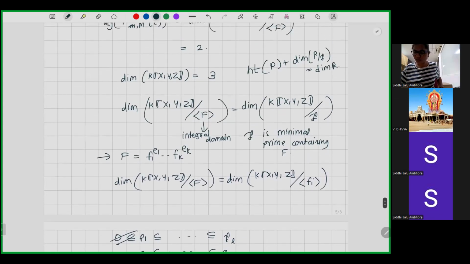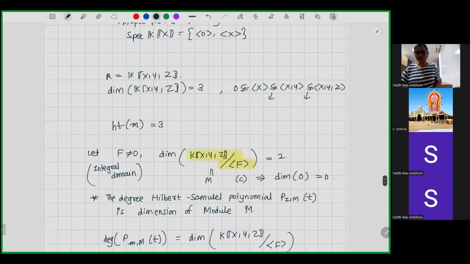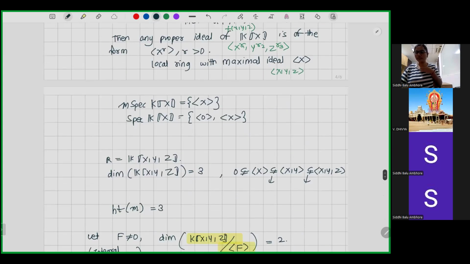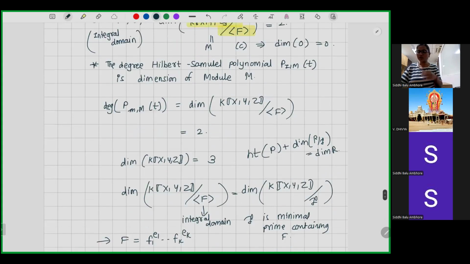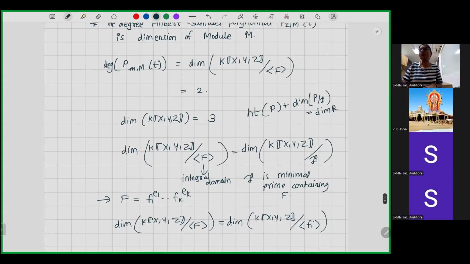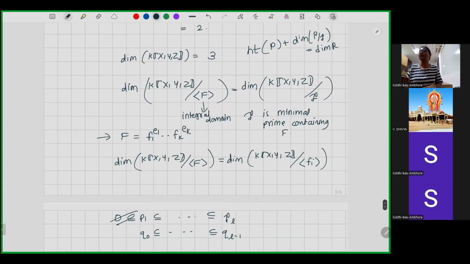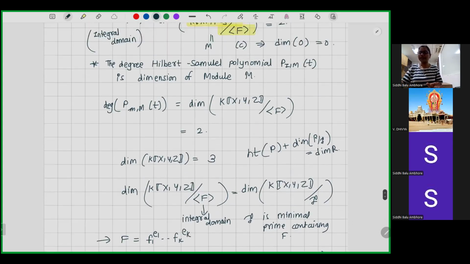So that's the only thing we used here. The dimension when quotiented by this f is now 2 because of this argument, like how the height of the ideal, or the dimension of its corresponding quotient ring, is reduced by 1, and that is happening here.